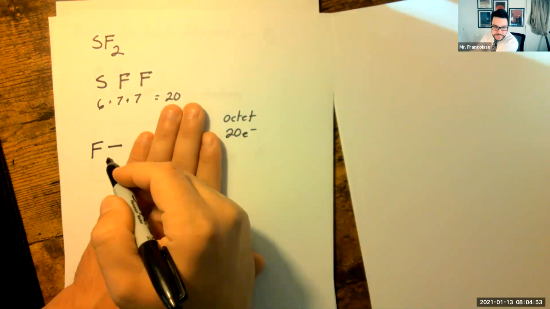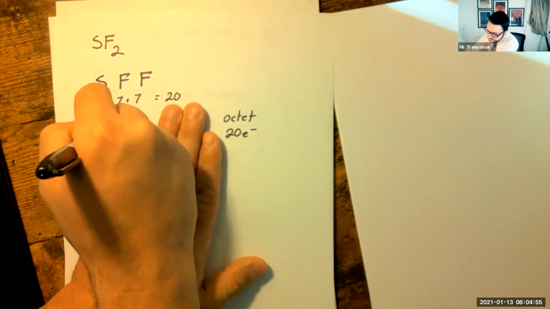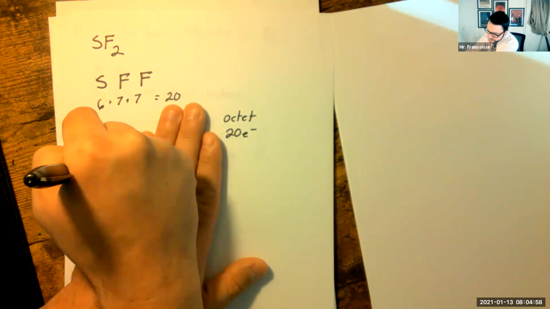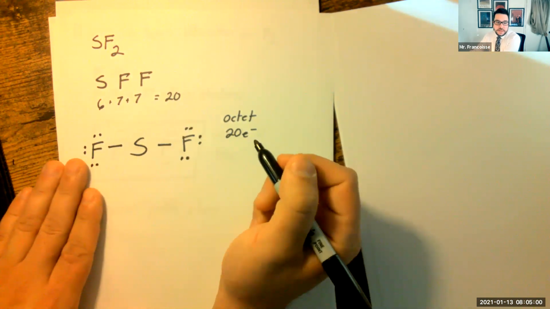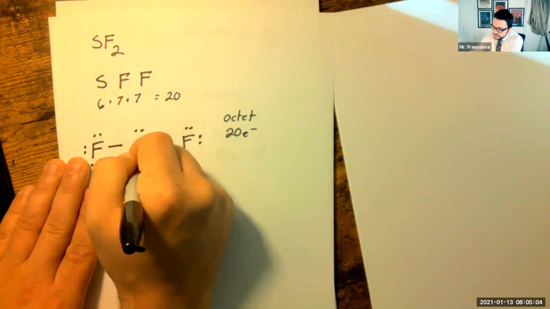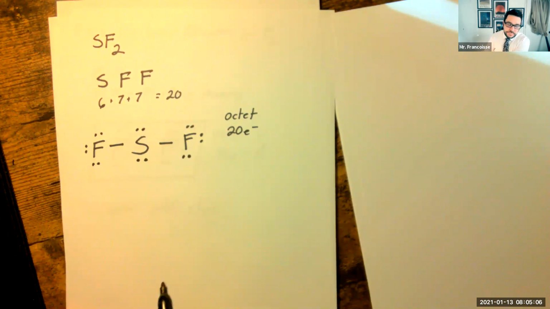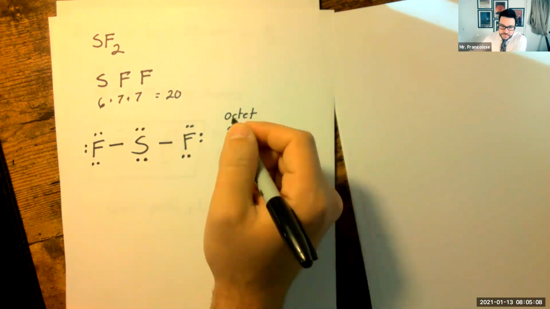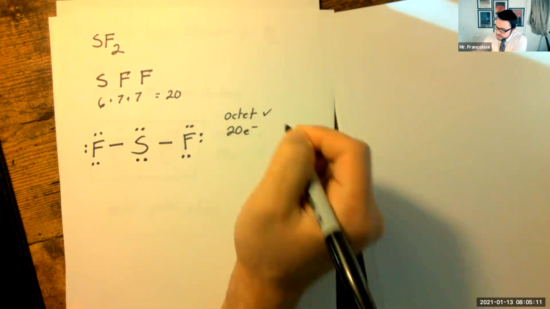On the other side, we have 2 in the bond, 4, 6, 8, so that works. And then our center, we have 2, 4, 6, 8. So everyone has 8, so that works.